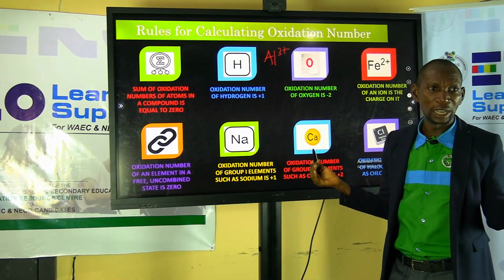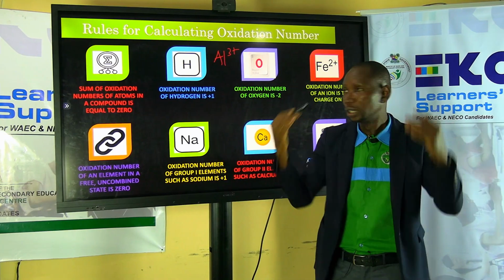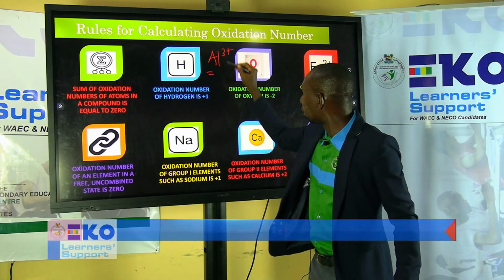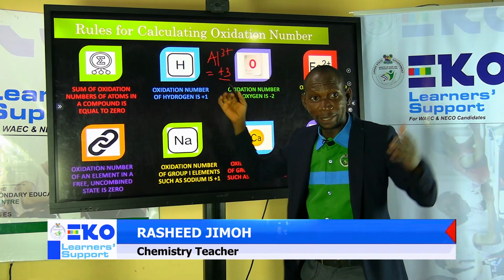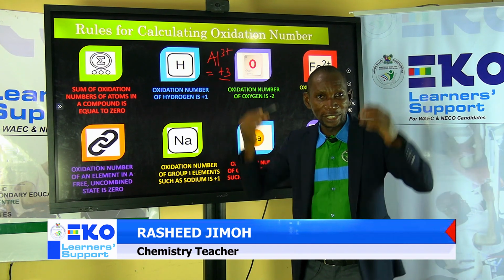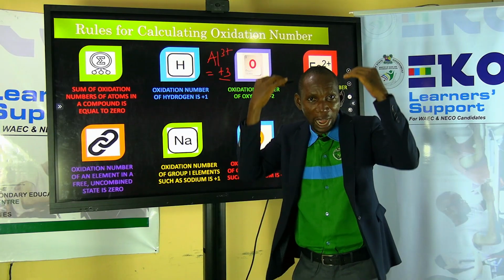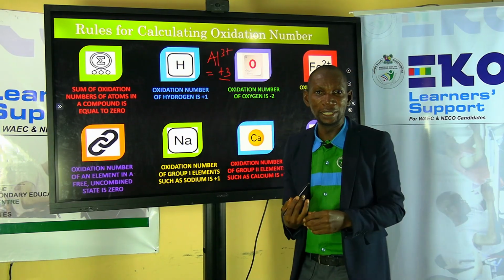That's an ion. An ion is actually an atom that possesses a charge. So the oxidation number of this ion is simply +3. Isn't that just straightforward? The oxidation number of an ion is the charge on it.